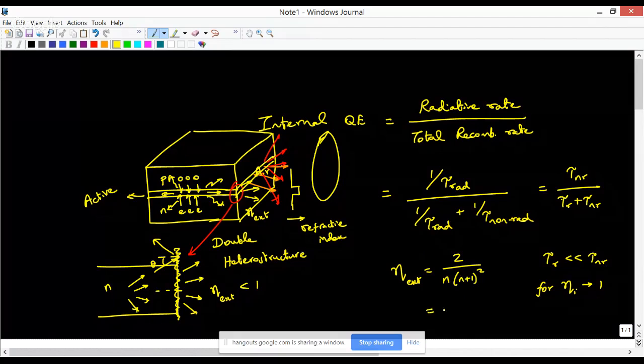GP Agrawal actually does this integration for angles from 0 to theta c, which is actually only on one side, the reflection on one side of this interface. So this will correspond to 0 degrees, and this will correspond to theta c.